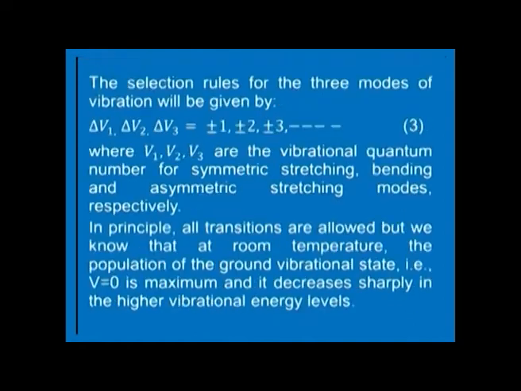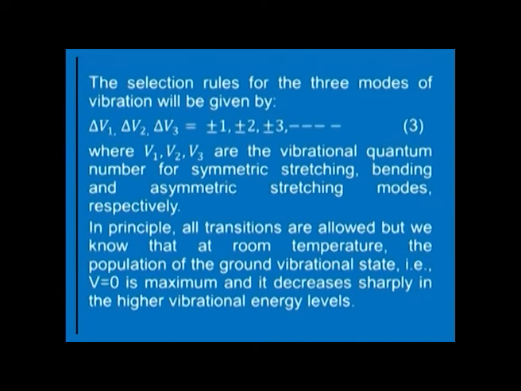The selection rules for the three modes of vibration will be given by delta V1, delta V2 and delta V3 can be equal to plus minus 1, plus minus 2, plus minus 3 and so on, where V1, V2 and V3 are the vibrational quantum numbers for symmetric stretching, bending and the asymmetric stretching modes respectively.